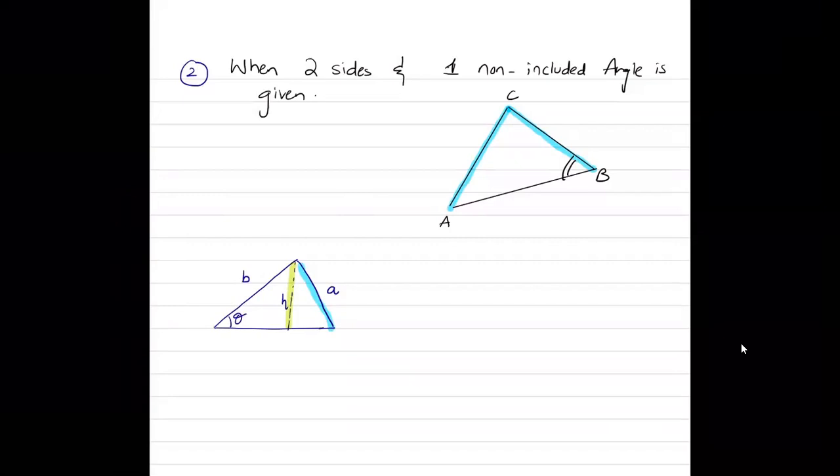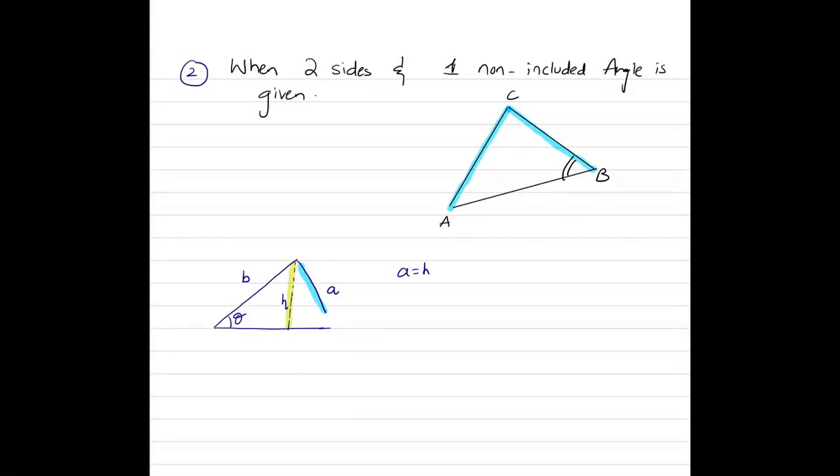Can you visualize this? If I have the length A, if I somehow make the length of A smaller than the perpendicular height of the triangle, the triangle is not going to be completed. So, for example, if the length of A and H would have been equal, then you will not get a triangle.